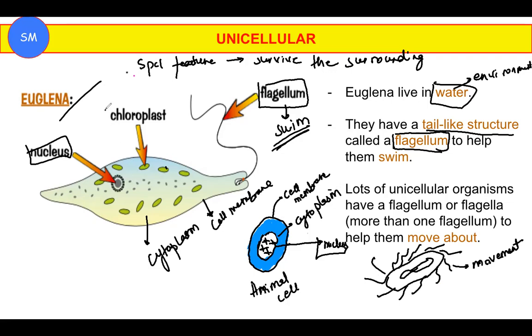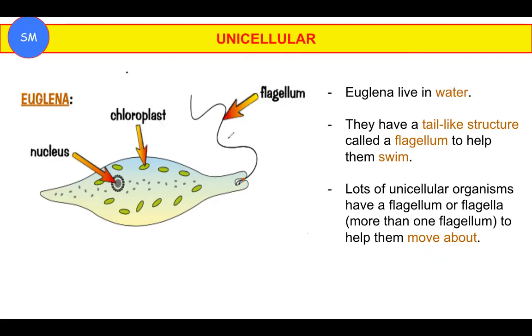Moreover, you can see chloroplast as well here. What happens, students, when you are living in water is that it is very difficult for you to take food. So basically, it has adapted to the environment by having chloroplast in its body. I have shown you the structure of chloroplast in the last class.